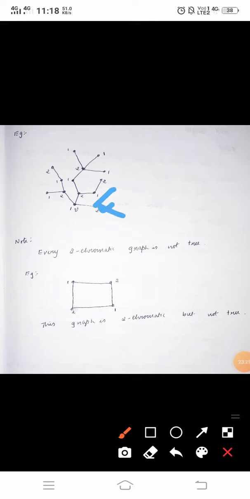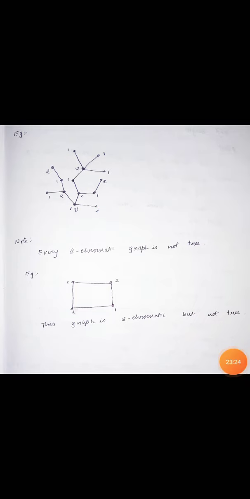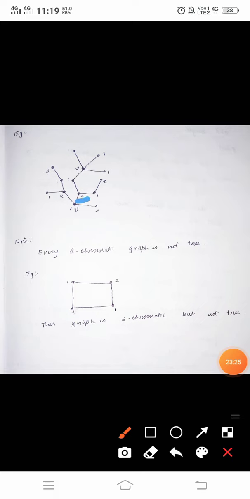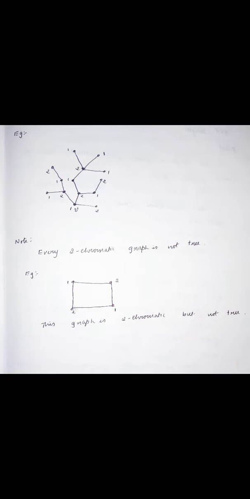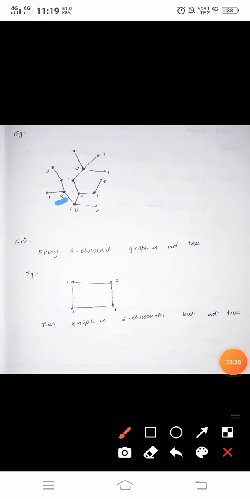There is no adjacent vertex, right? See here, which are adjacent? This vertex and this vertex. We have to color with color 1. Next, this is also adjacent to this vertex, which is colored with 2. For this, we have 2 vertices adjacent. We have to color that vertex with 1.